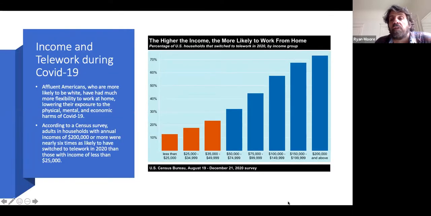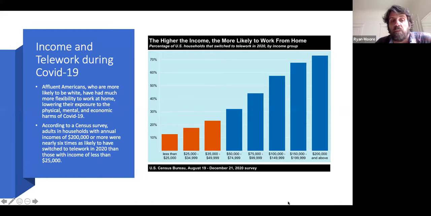And then on the other side of things, as I was mentioning, people who are in the lowest paying jobs, the people with the lowest incomes, have been the ones who have been less likely or less able to work from home, to shelter in place, and also the ones that are most likely to have lost their jobs altogether.